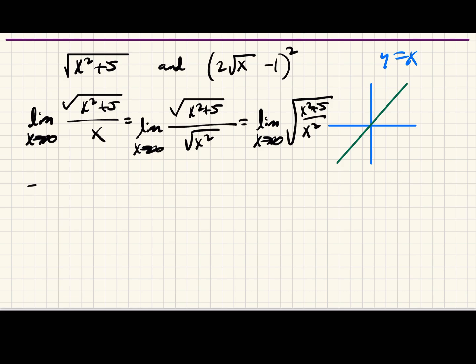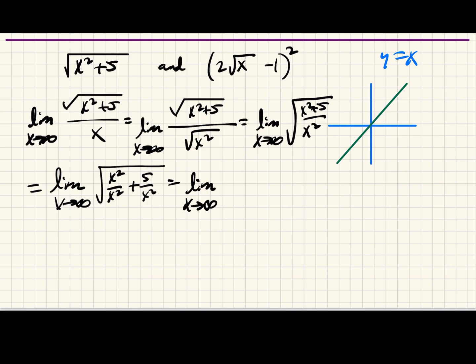And that I could write as the limit as x goes to infinity of the square root of x squared over x squared plus 5 over x squared. And that would be the same as the limit as x goes to infinity of the square root of 1 plus 5 over x squared.